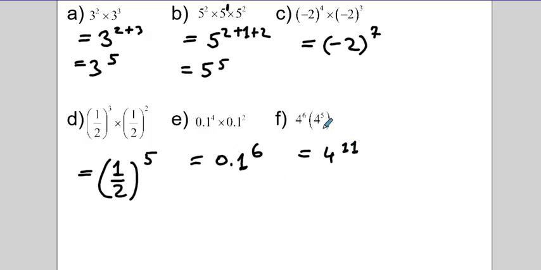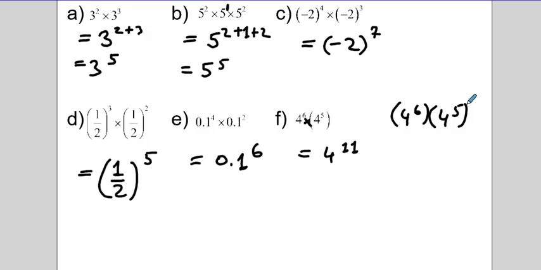Just because this bracket is there, this is still multiplication. Sometimes you'll have brackets, maybe like 4 to the power of 6, 4 to the power of 5. It's just written in a different form. 4 to the power of 5 is just 4 to the power of 5, right?